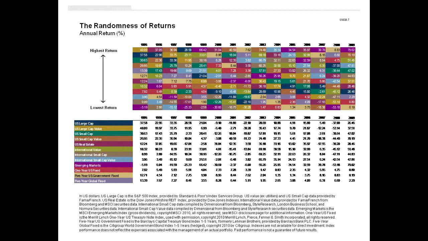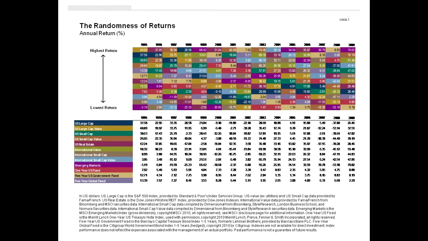And you can see that each year it takes a different position in the graph. In 1999, it was number one with 66% return. And you can see in 2000, it was down negative 30.6. And it was back up in 2001. You can see that it changes year by year. It's never been at the top 2 years in a row, and it's never been at the bottom 2 years in a row.